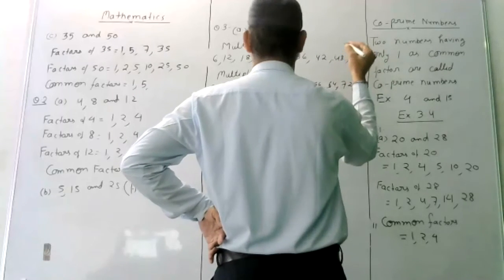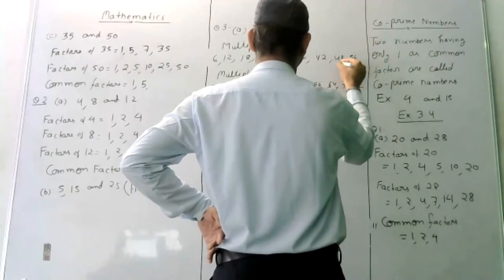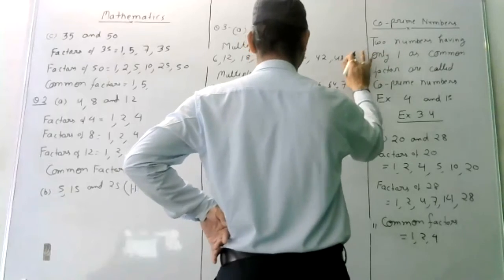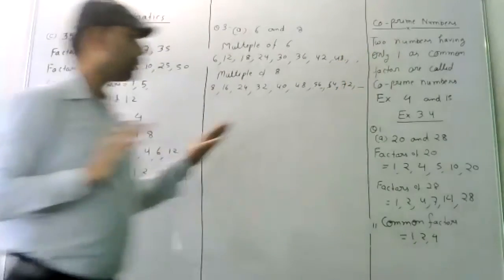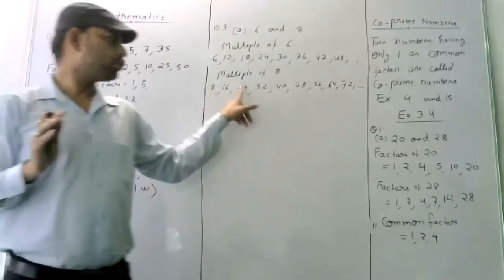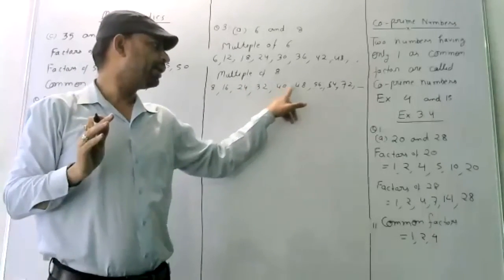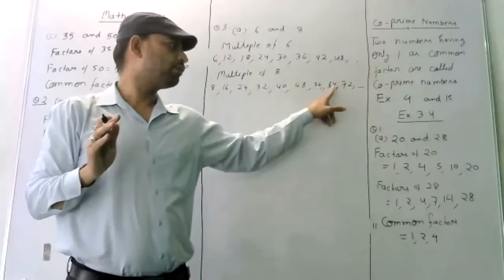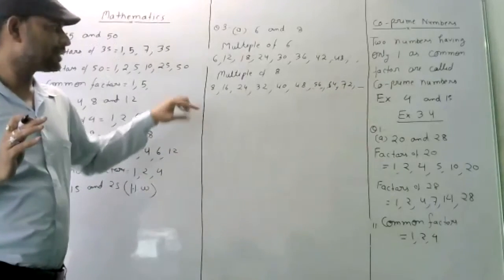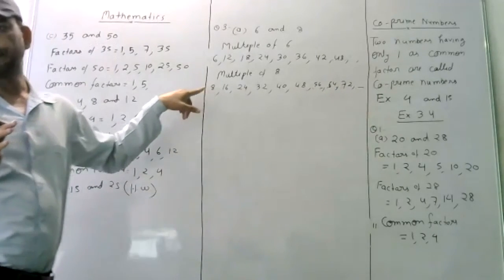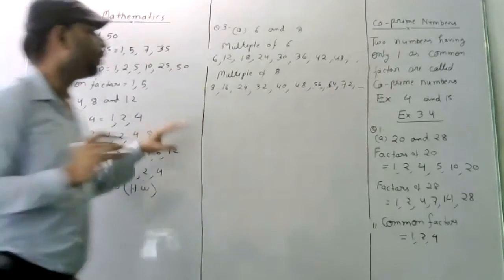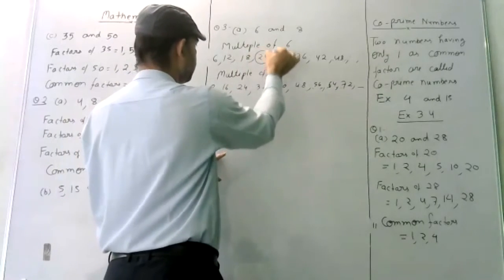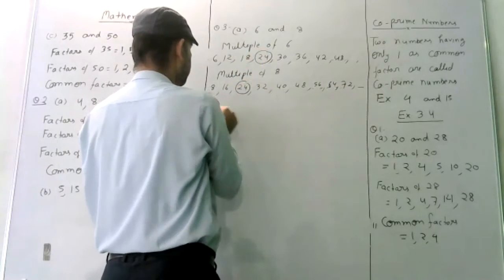56 and 8, 16, 24, 32, 40, 48, 56, 64, 72. The first common multiple is 24. Here this is 24.